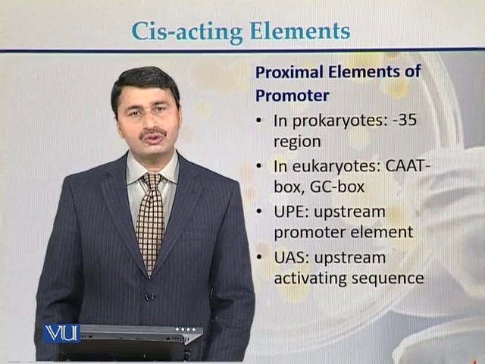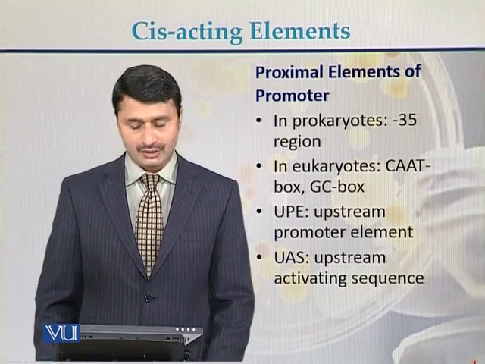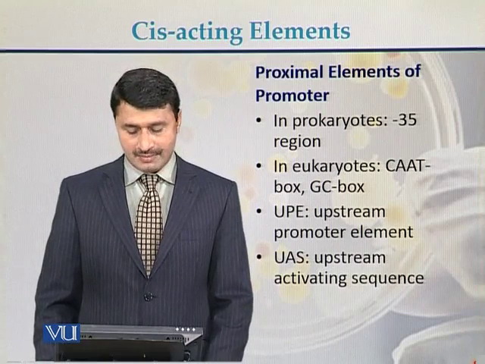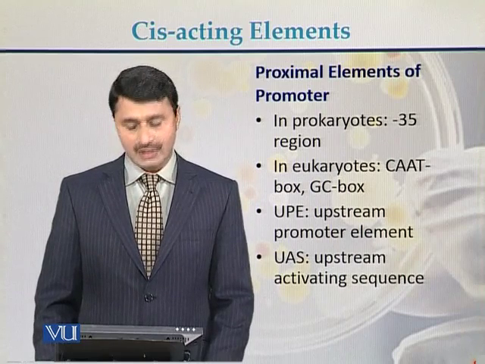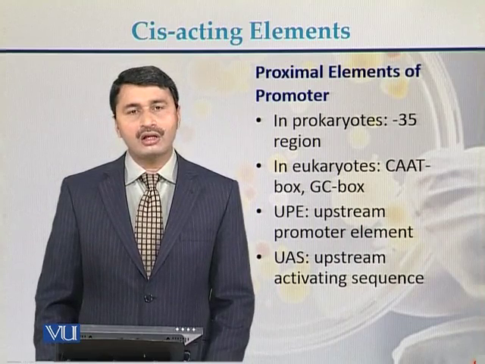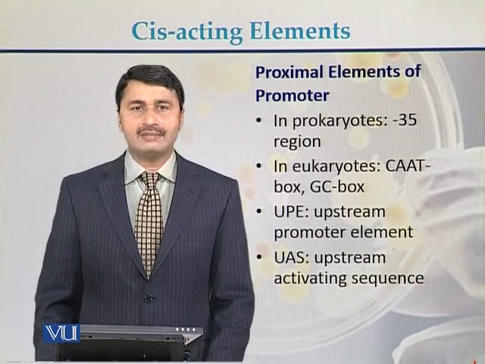In eukaryotes, they can be the CAT box or the GC box. In addition to this, there can be upstream promoter elements and downstream activating sequences. So these are all sequences which are called cis-acting elements.